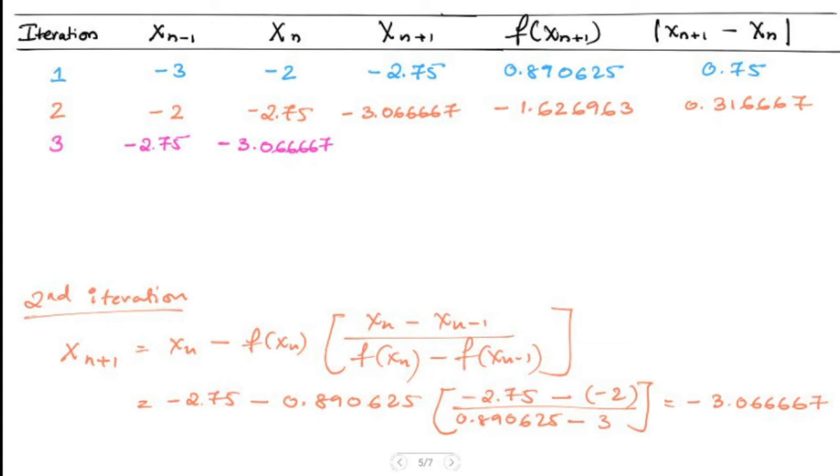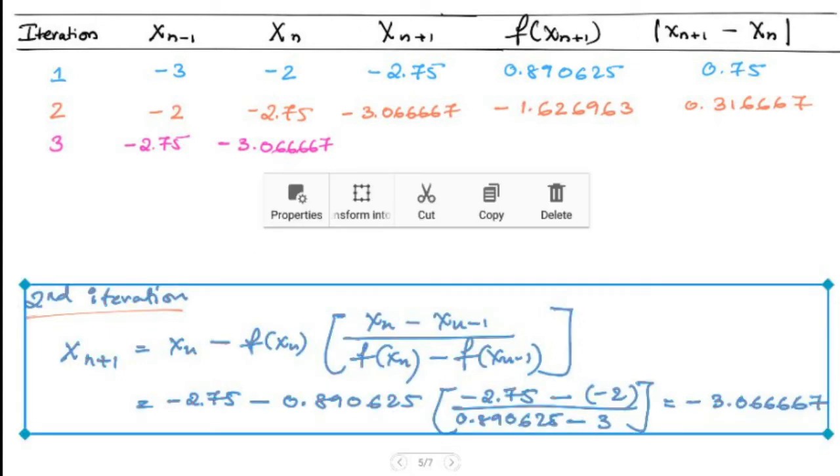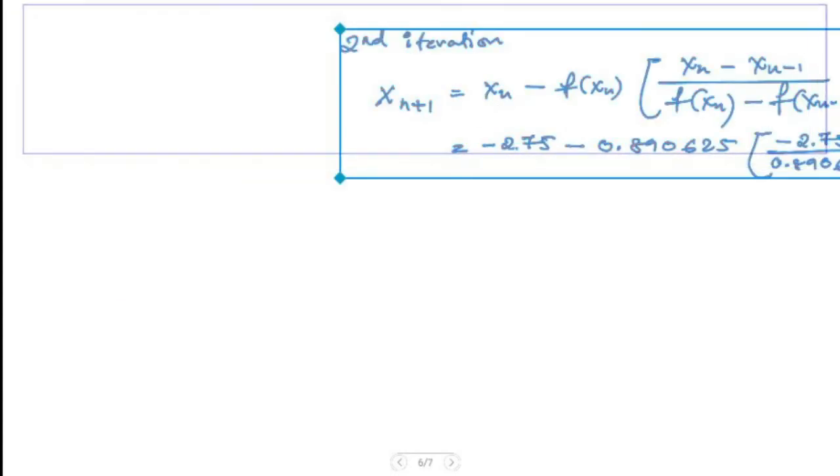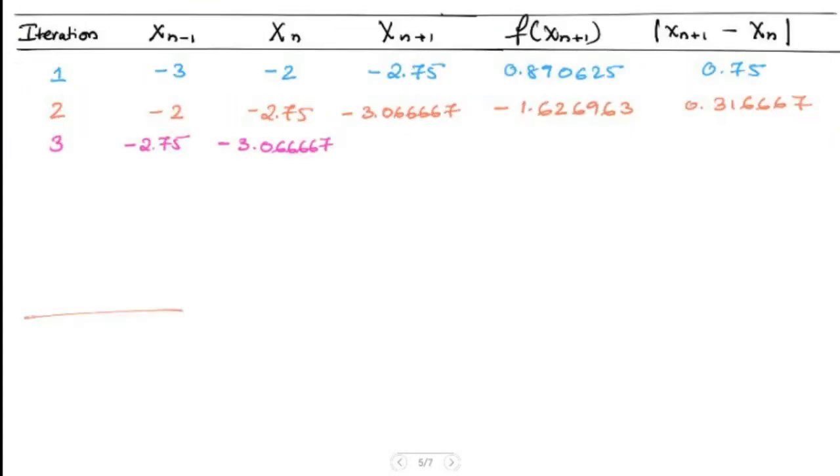So maybe I want to work it out here, so I'll copy the second iteration and put it in the other page so that it's not confusing. I'll keep the second iteration work here, and we'll go ahead and do our third iteration now.